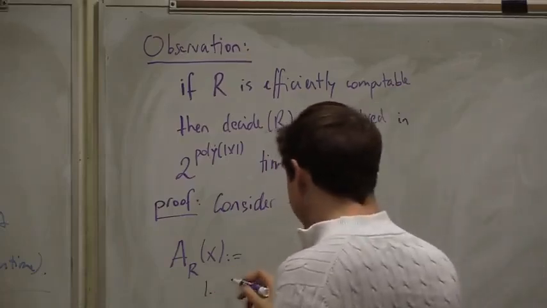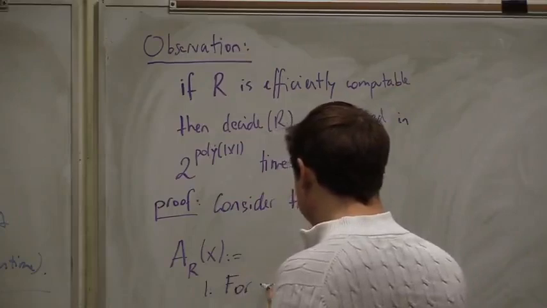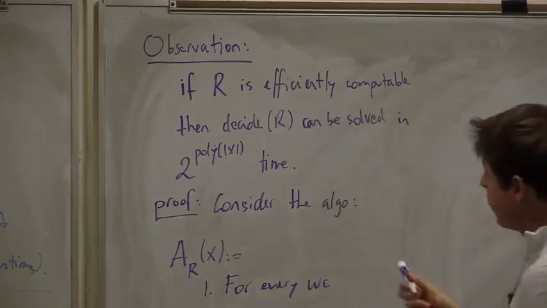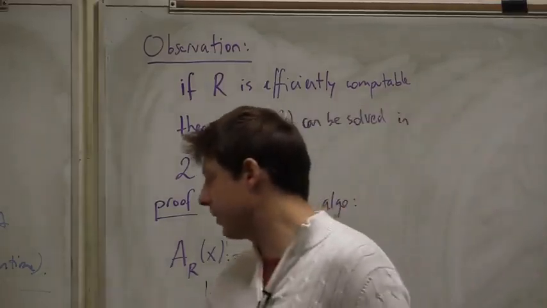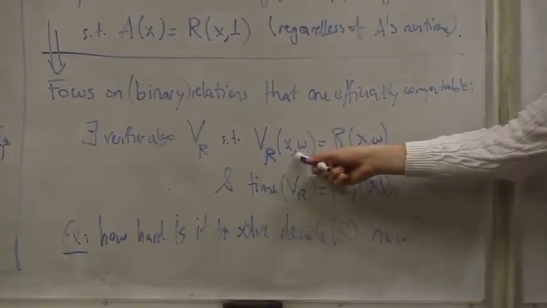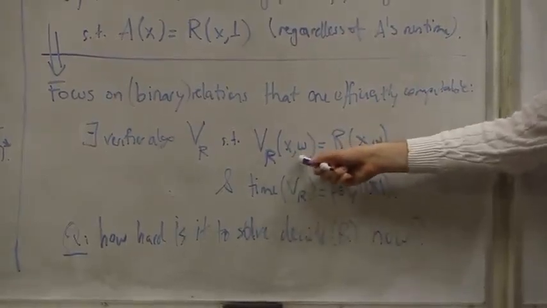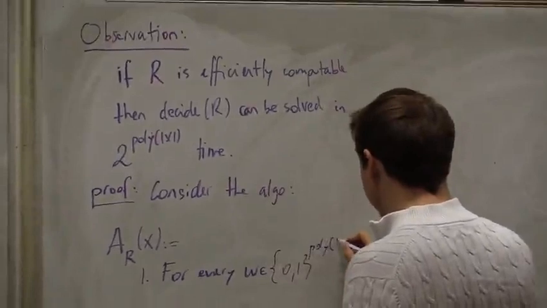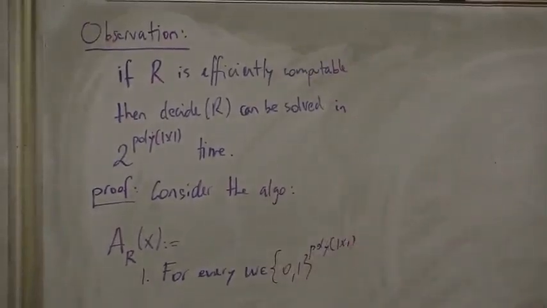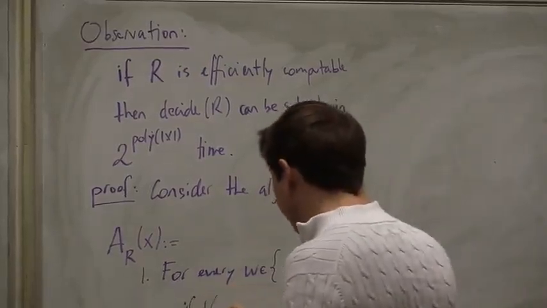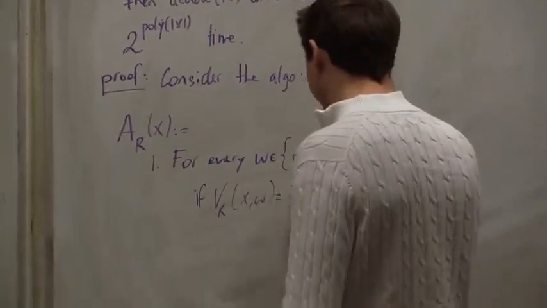The way it's going to work, we're going to try every possible witness, and because V sub R runs in polynomial time, the witness associated to X cannot be more than polynomially larger than X. So it suffices to consider all possible polynomially sized candidate witnesses, and then we check for each one of them whether it happens to be a good witness.